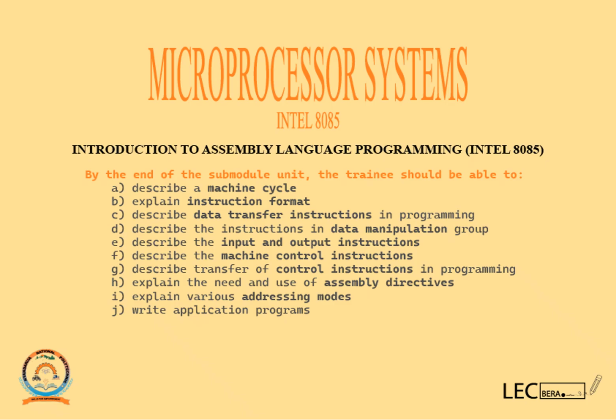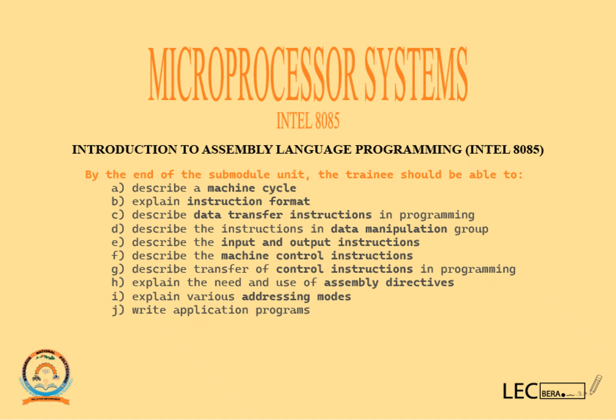You are supposed to describe the input-output instructions. You are supposed to describe the machine control instructions. You are supposed to describe transfer of control instructions in programming. And then explain the need and the use of assembly directives. Those are going to be tackled in this session.